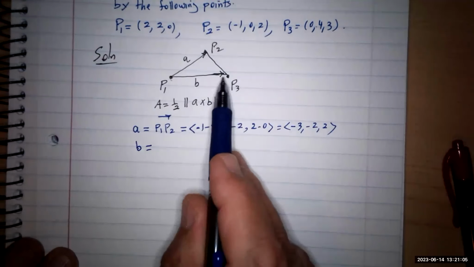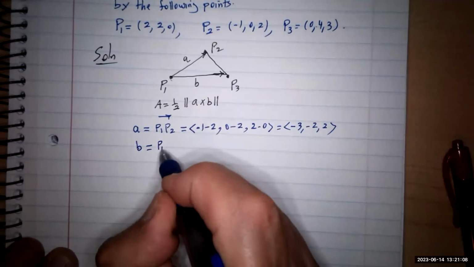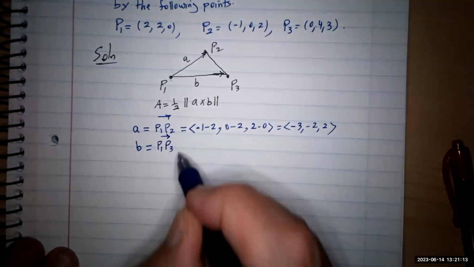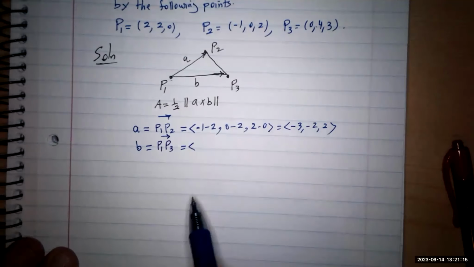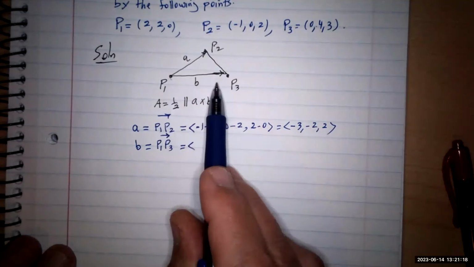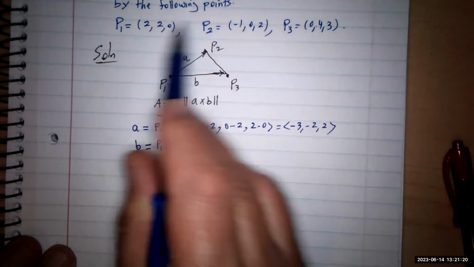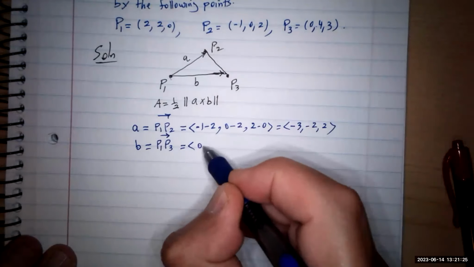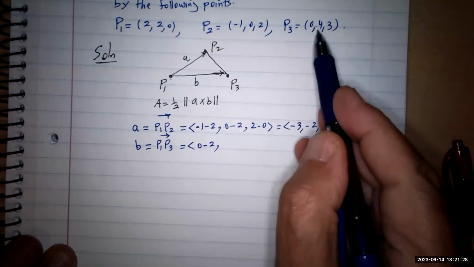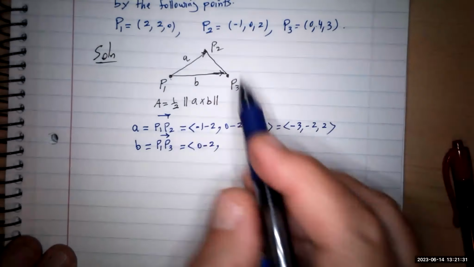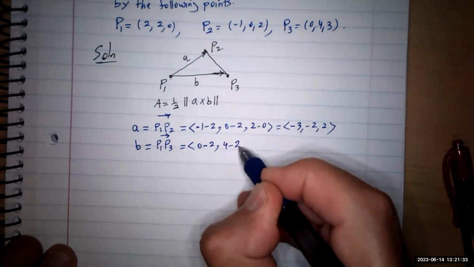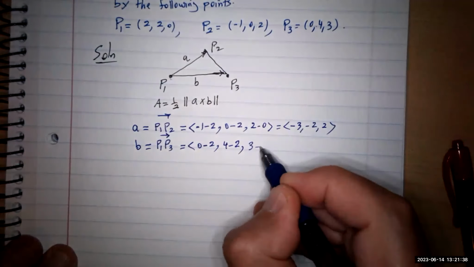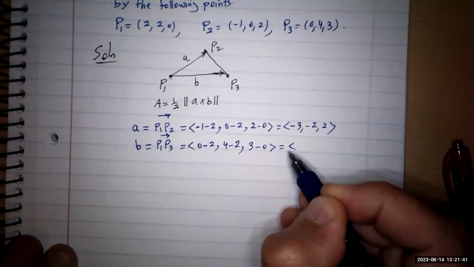B is P1 P3. You can pick any other combination, but you have to be consistent. Again, we have P1 and P3, so it's going to be P3 minus P1. So the first component 0 minus 2, second component 4 minus 2, the third component 3 minus 0.